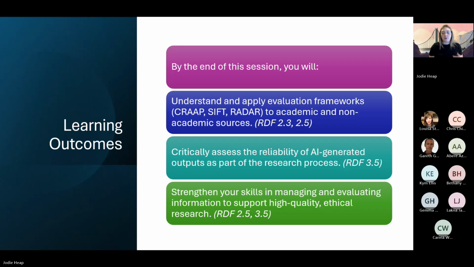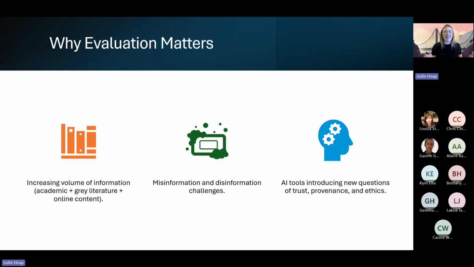So one of the major questions with this session is, why does evaluation matter? And this is a really interesting question, to me at least. I am an information scientist, I'm a librarian, I handle information, I help people access information.